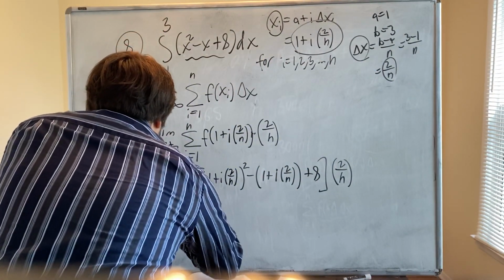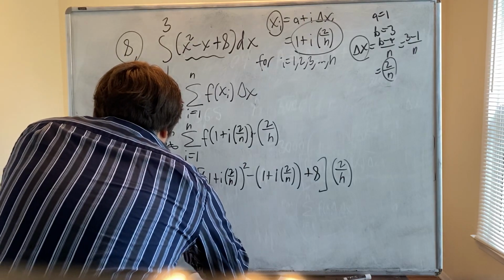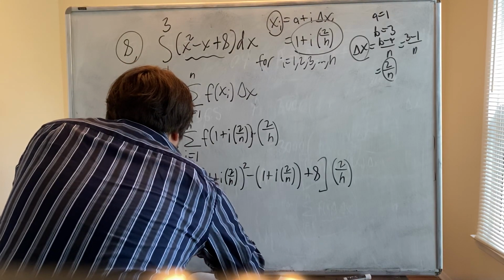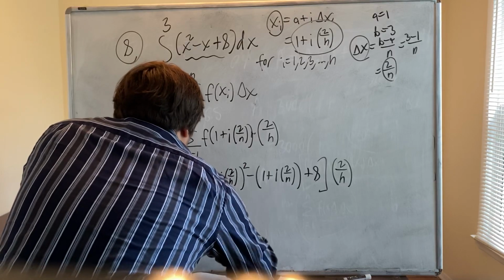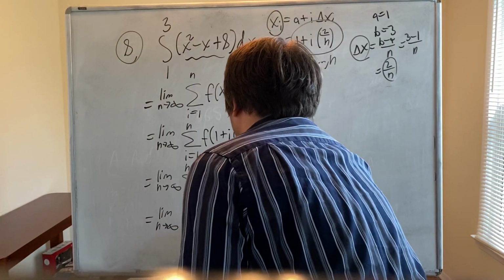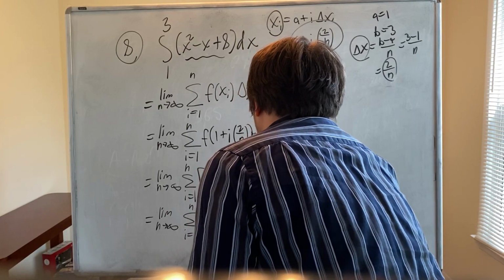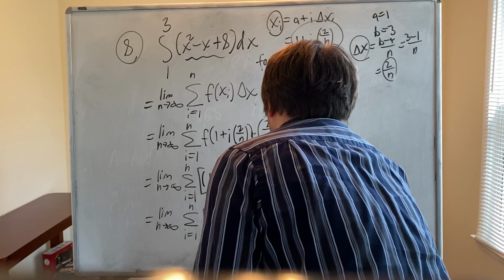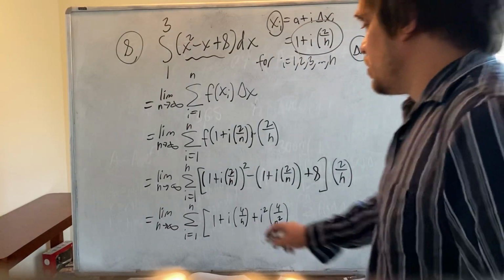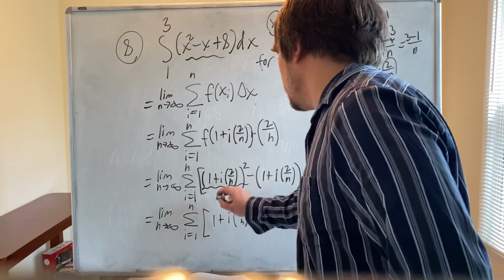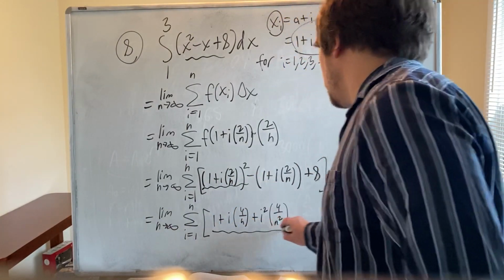This equals the limit as n approaches infinity of the sum from i equals 1 to n of that squared, which is 1 plus i times 4 over n plus i squared times 4 over n squared. So that thing squared is that.